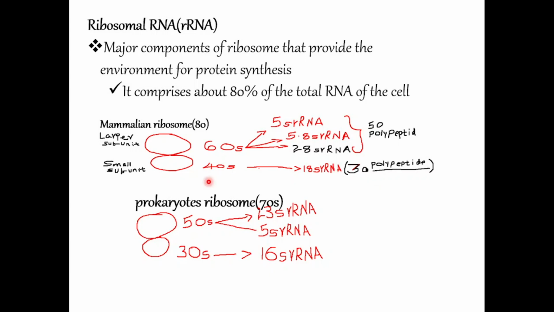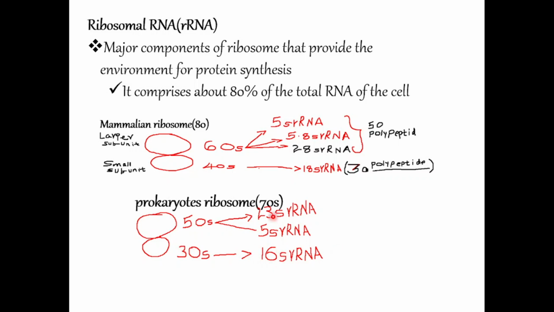In bacteria, there is a 70S ribosome. The larger subunit is 50S, the smaller subunit is 30S. 50S contains 23S and 5S, and 30S contains 16S.